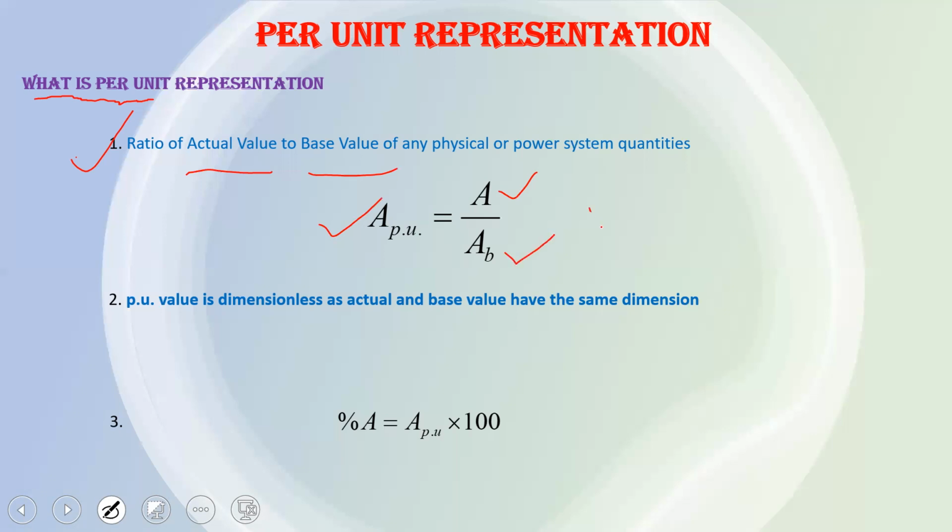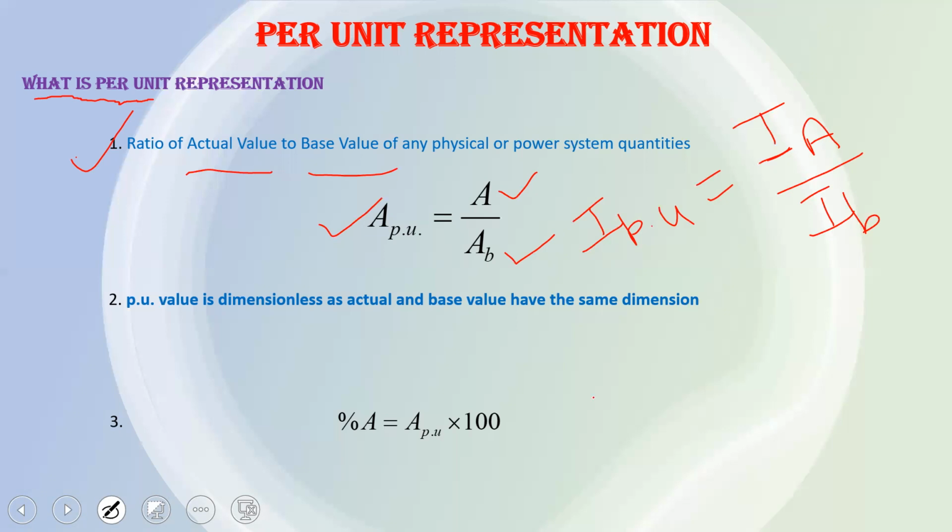Suppose you want to convert current, which is given in ampere, into a per unit value. Then you will have to take the ratio of the actual value of current to its base value. You will get current in per unit.